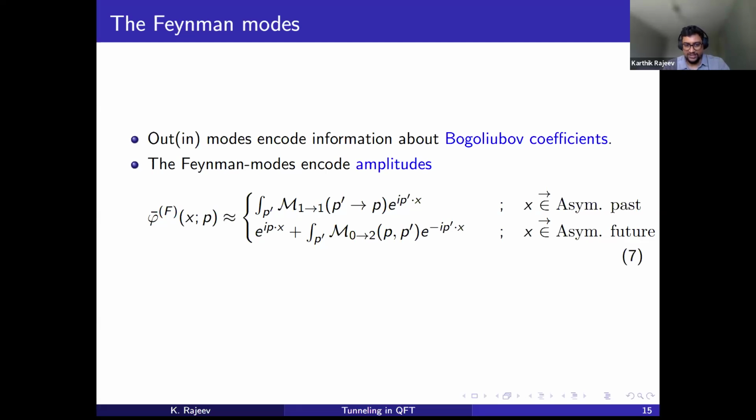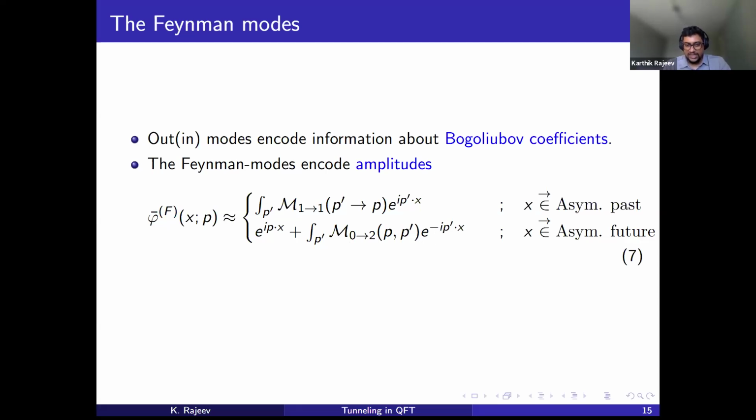You'll see that this resembles the initial slides that I had, which motivated tunneling. And then these same solutions in the asymptotic future become a combination of negative energy and positive energy components.